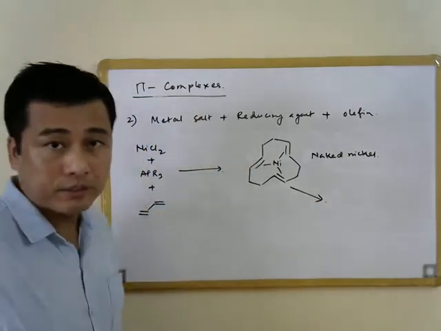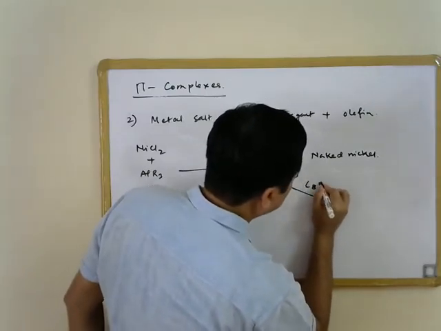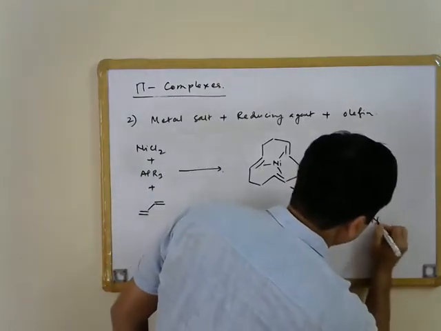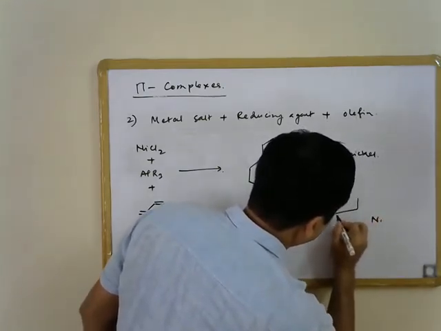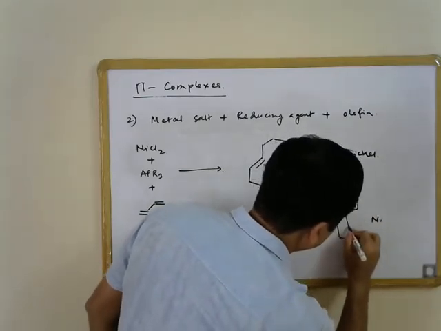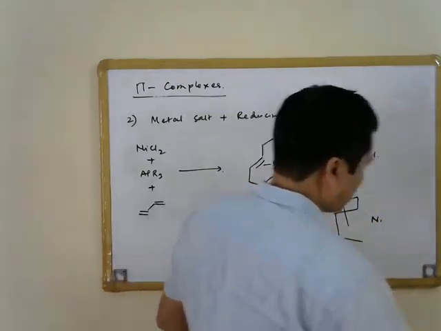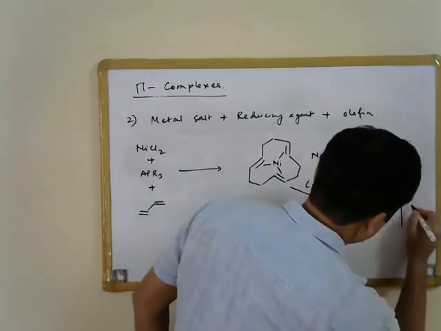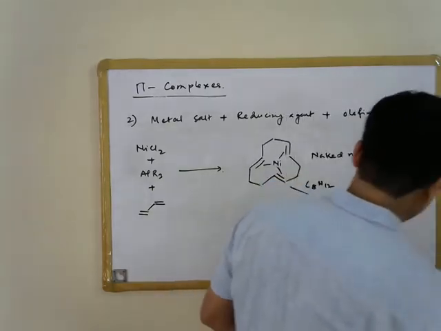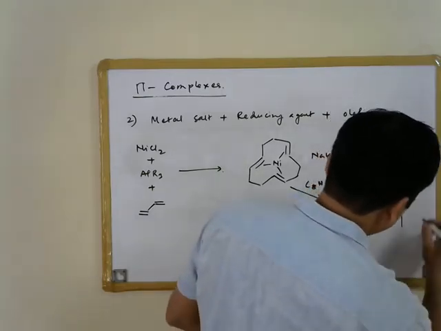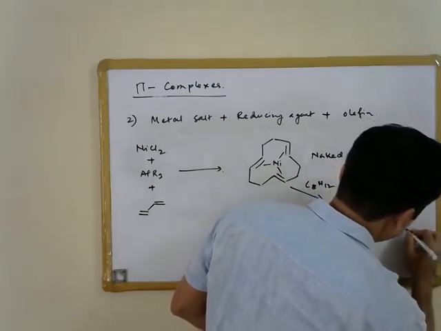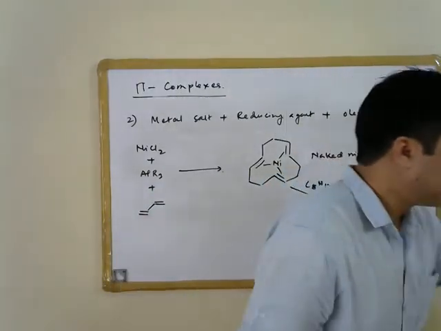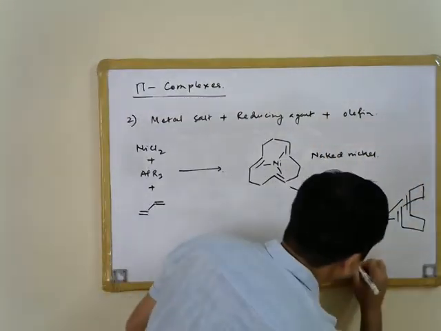If we do the reaction with 1,5-cyclooctadiene, that is C8H12, then what you are going to get is this sort of nickel cyclooctadiene complex, or Ni(COD)2 as we say.